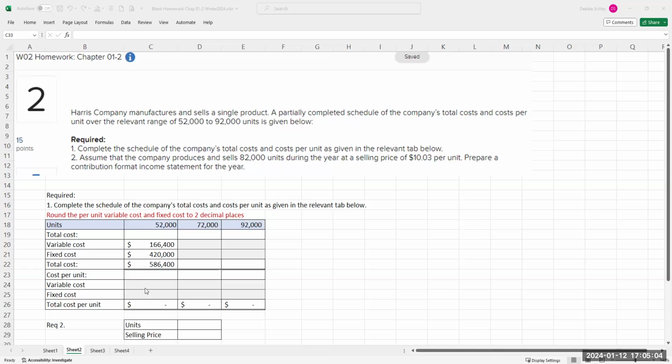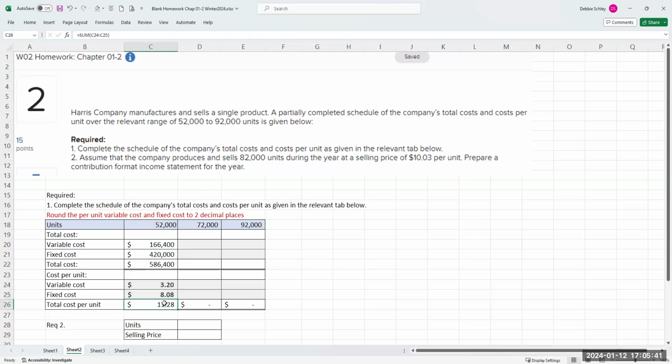So the first thing I want to do is figure out my variable cost per unit. That is going to equal my variable cost total divided by the number of units in my first column. So for mine, I have $3.20 per unit. And now fixed per unit is going to equal the fixed cost divided by the number of units.